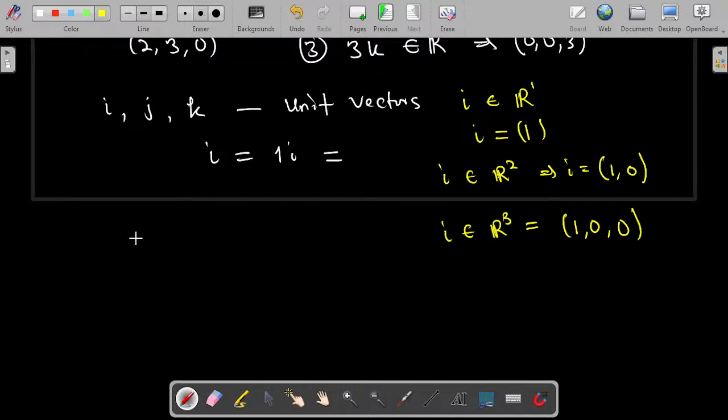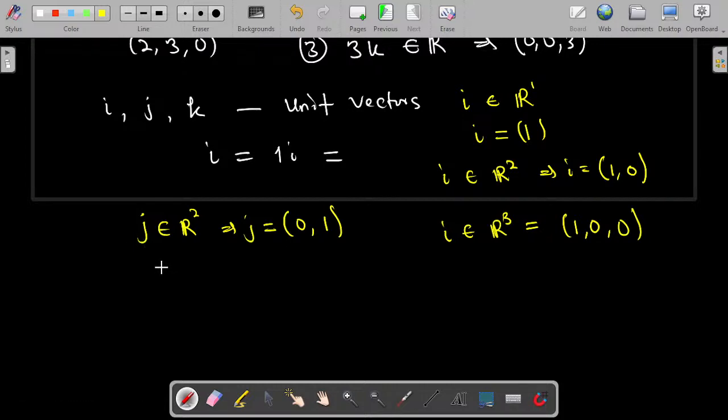Alright, so what if I give you j now in R2? How do you write that? That is going to give us 0, 1, because there is no i, so your i component will be 0 and your j component is 1 because the coefficient here is 1.